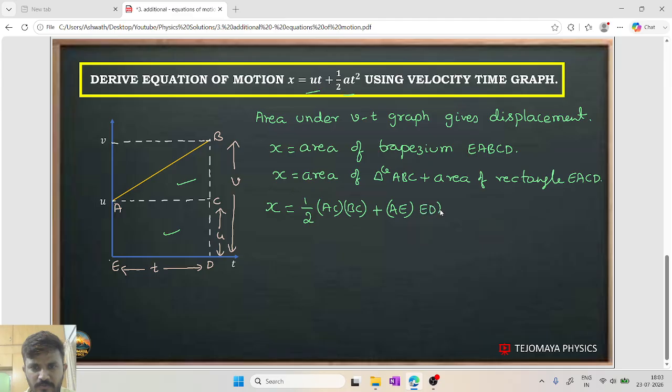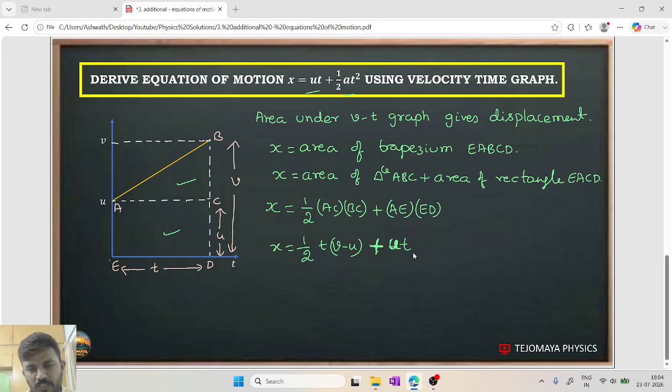Now x is equal to half into, what is AC? It is nothing but time t, BC is V minus U, plus AE is U, ED is T.